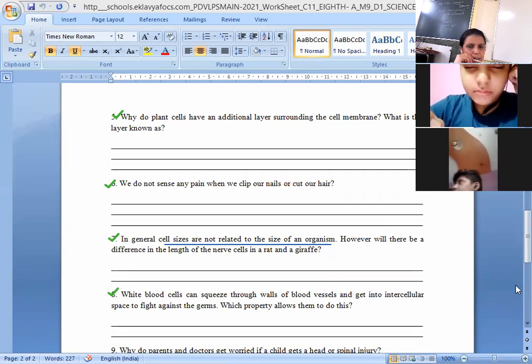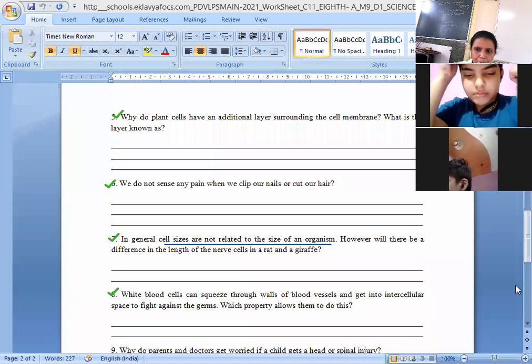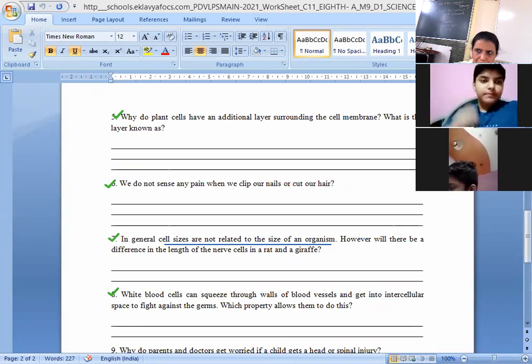WBCs are the only cells which can change their shape and they reach the place where the disease hits our body. I hope this is clear to you. So WBCs can change their shape.